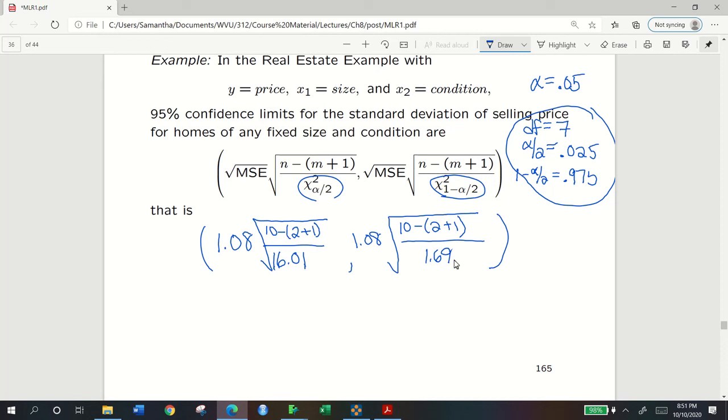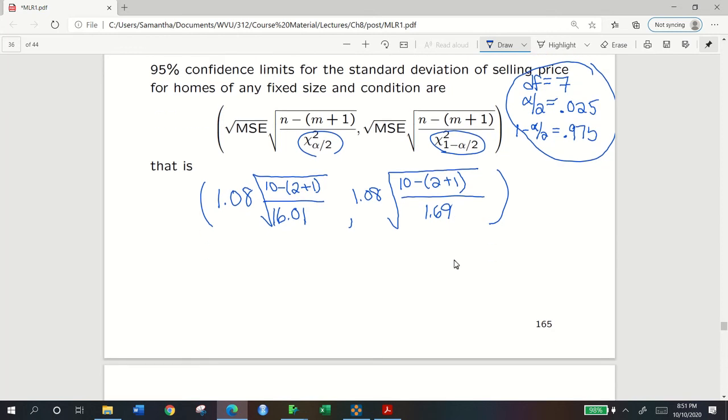And so now that we've plugged in, we can use our calculators to get our confidence interval, which would be 0.71 to 2.2. And again, this is per $1,000.